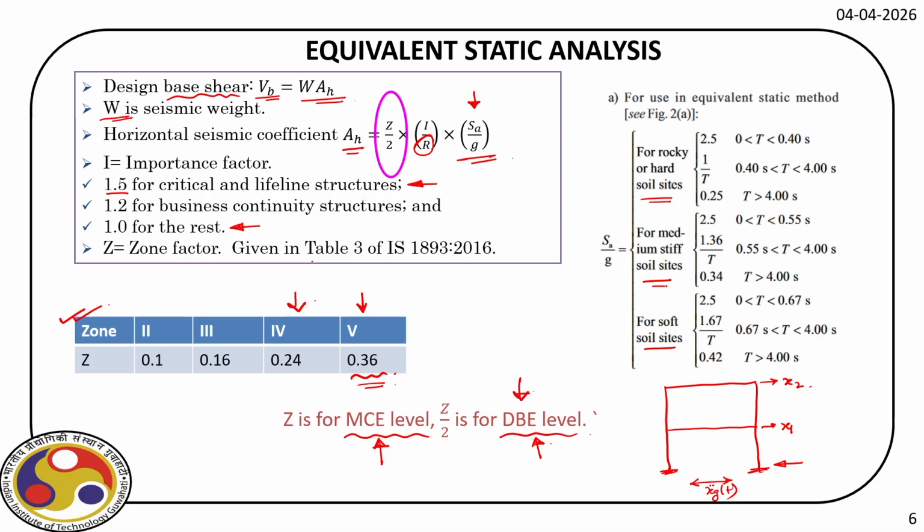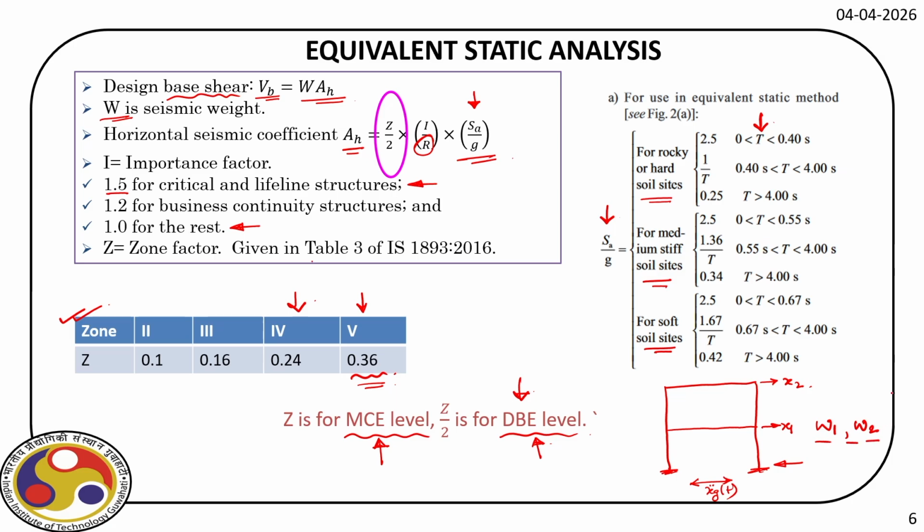For that, depending upon the natural frequency or fundamental frequency of the structure, we need to estimate this Sa by g value. Recall, we discussed the natural frequency for the two-degrees-of-freedom system, where we have omega 1 and omega 2, two natural frequencies.